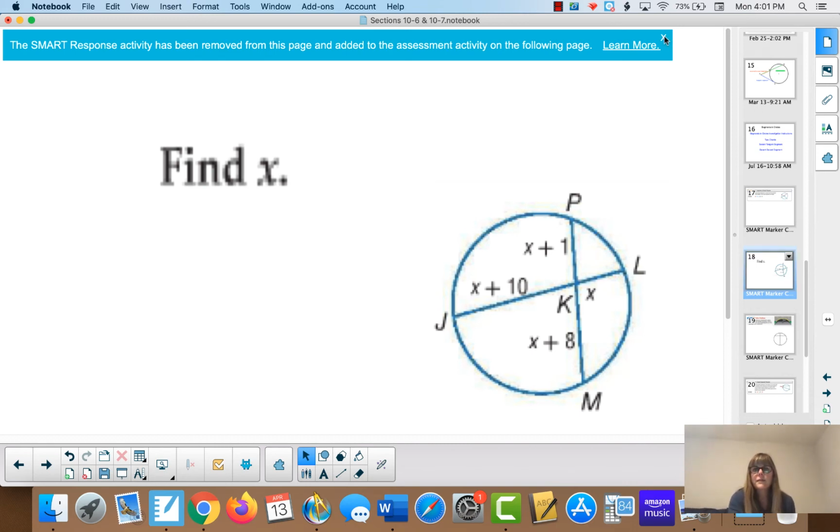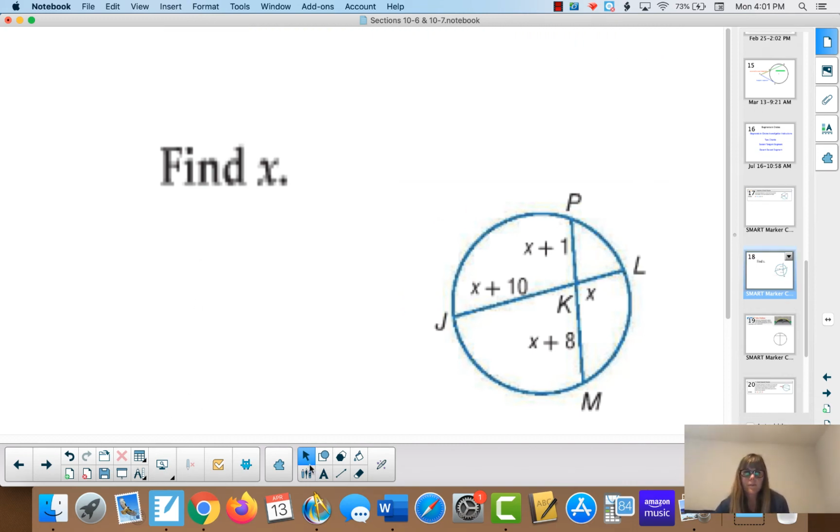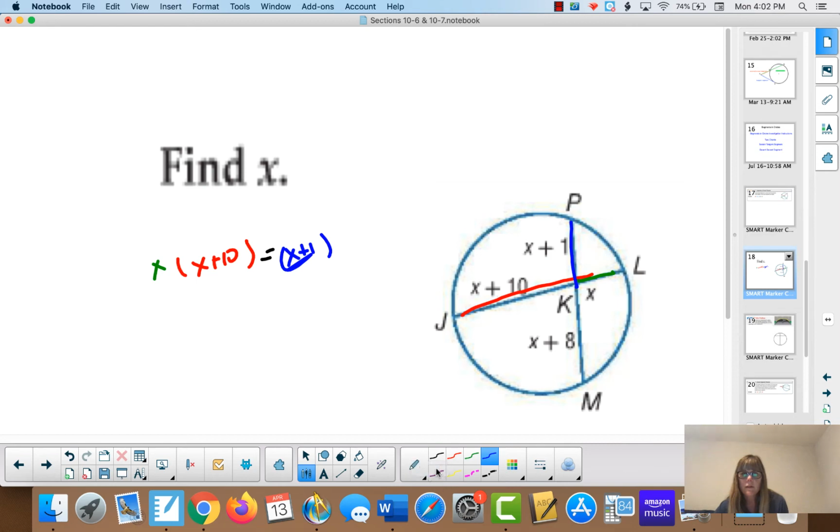If I do this example here, I set this up, we have this piece x plus 10 times this piece is x, I'm going to put that outside here, equals this piece, x plus 1, times this piece here, which is x plus 8.